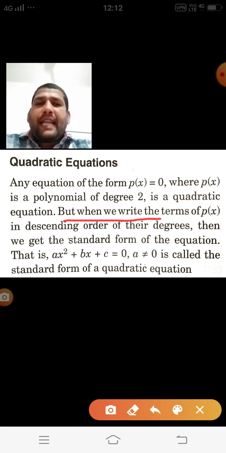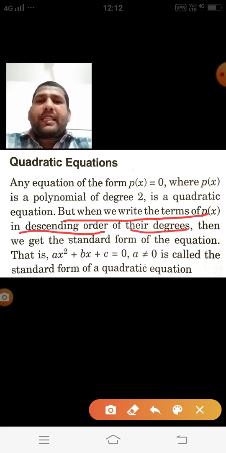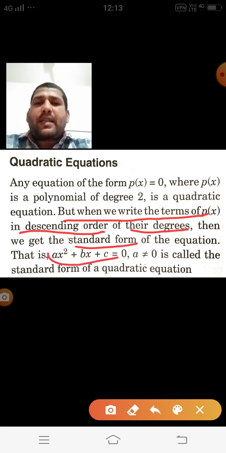When we write the terms of p(x) in descending order of their degrees, with the highest degree first and the least degree, the constant term, at last, then we get the standard form of the equation as ax square plus bx plus c equal to 0.